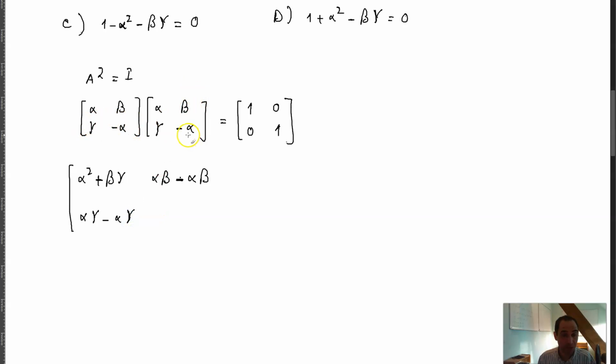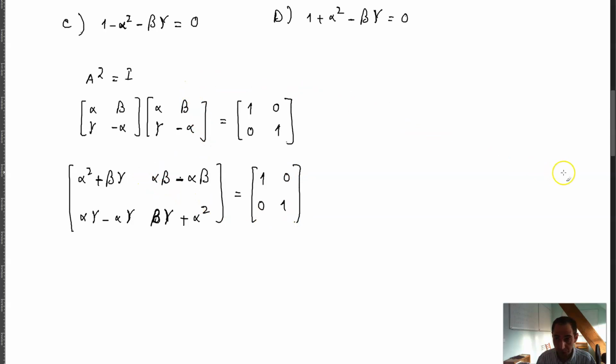And this row times this column, you'll get beta gamma times plus alpha beta gamma plus alpha squared, right? And that is equal to 1001.